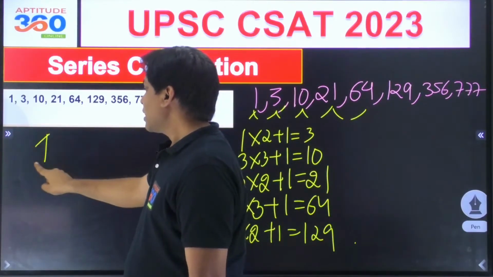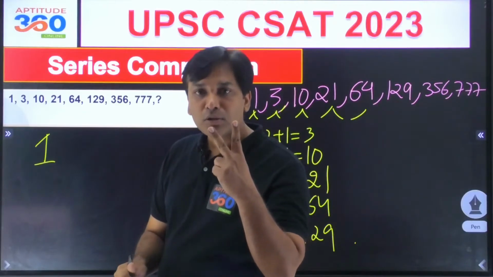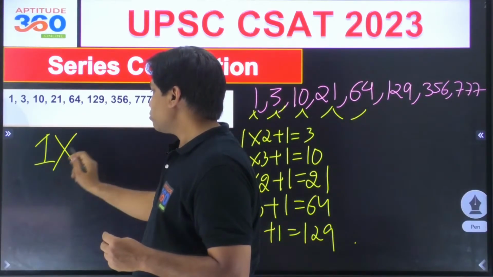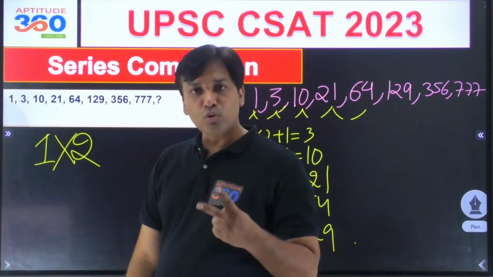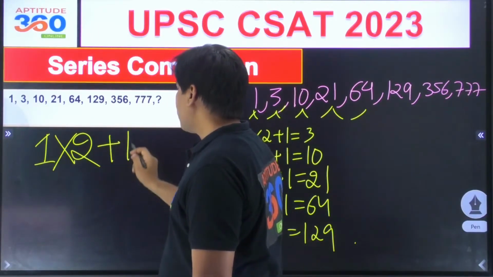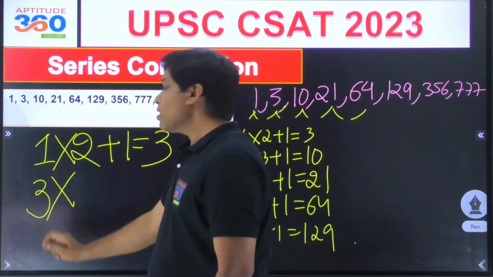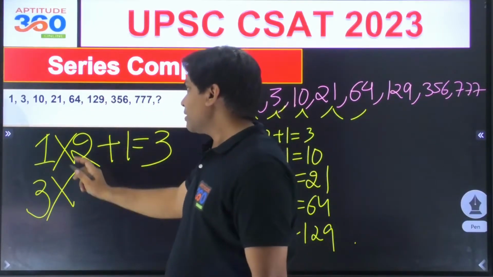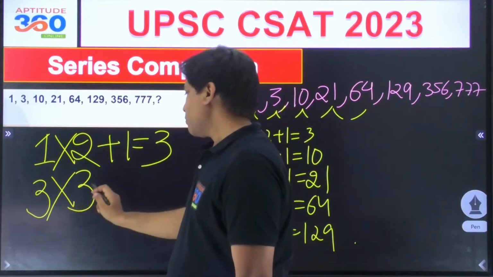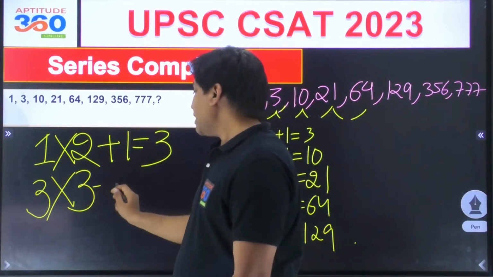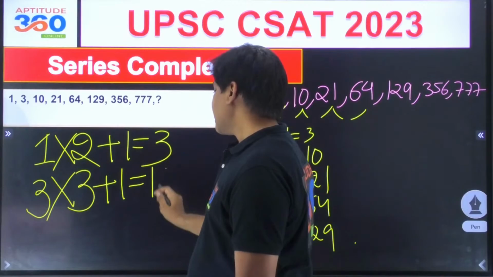First term gets multiplied with 2, which is what? 1 into 2, right? 2 plus 1. What are we getting? 3. And then 3 into, because we have to get 10, so 3 into 3, which is 9. 9 plus 1, this is 10.